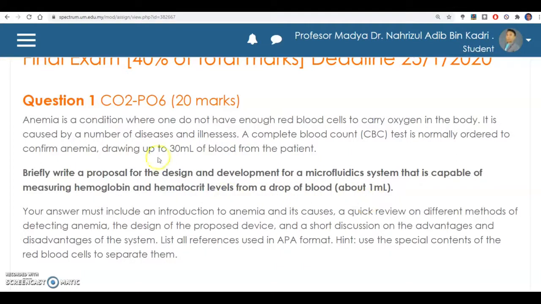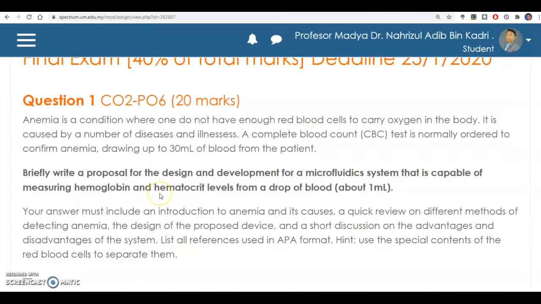Okay, because a typical test that we have now at the lab is to use a very big amount of blood from the patient, just to do a complete blood count, not including other chemical tests and so on. So what I'm asking you is for you to plan or to design something that can measure hemoglobin and hematocrit.